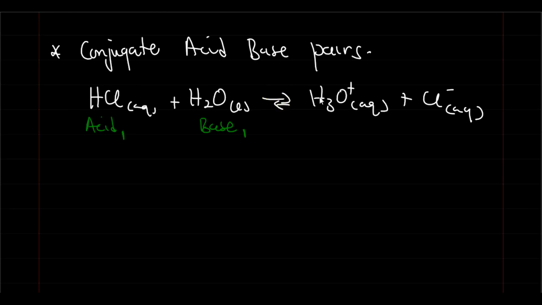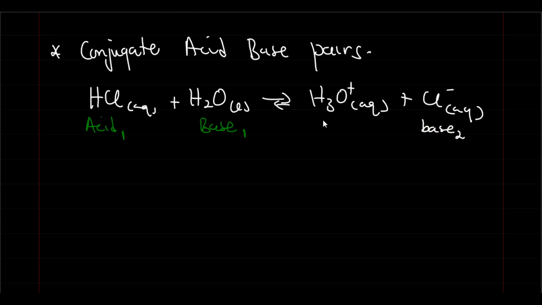what is going to donate a proton between this hydronium and this Cl? In order for something to donate a proton, it must have a proton. Chloride does not have a proton, so it cannot donate a proton, but it can accept. And what is a proton acceptor? A base. So I name it base 2.